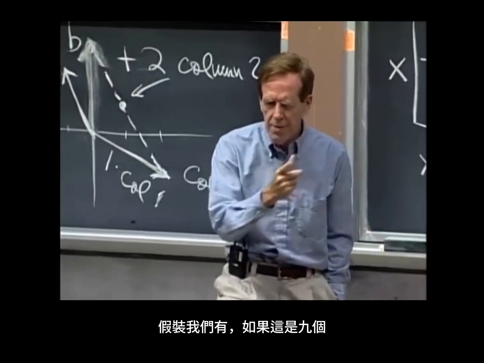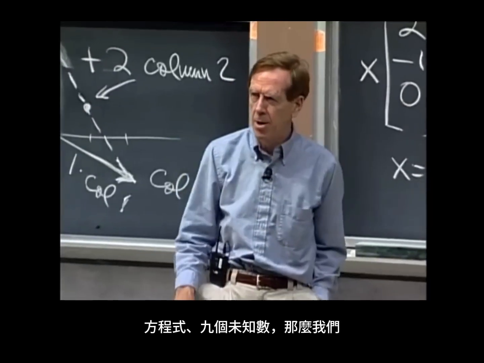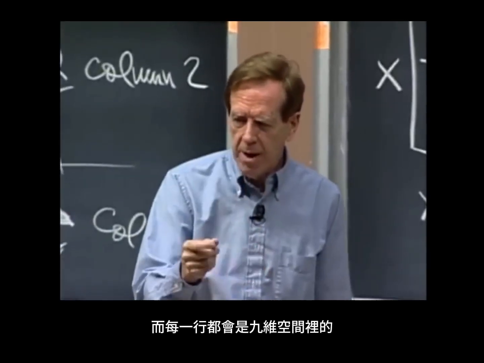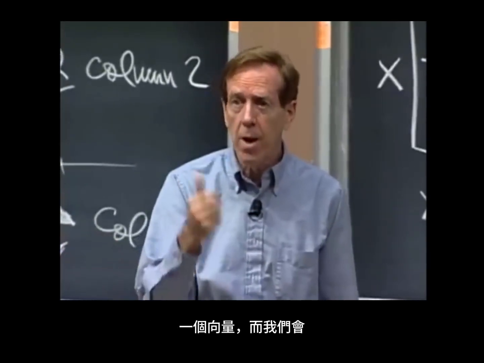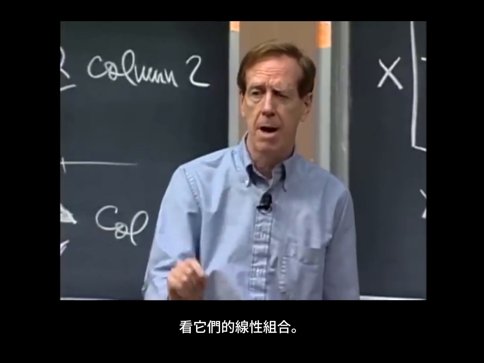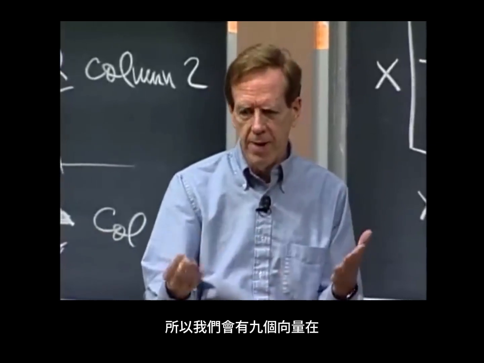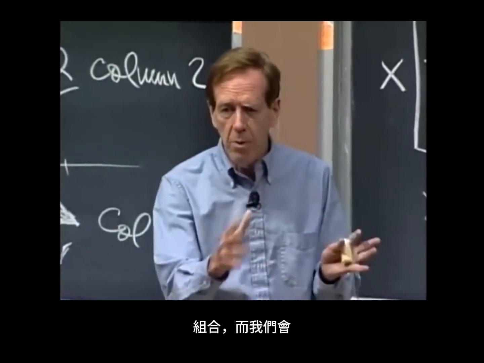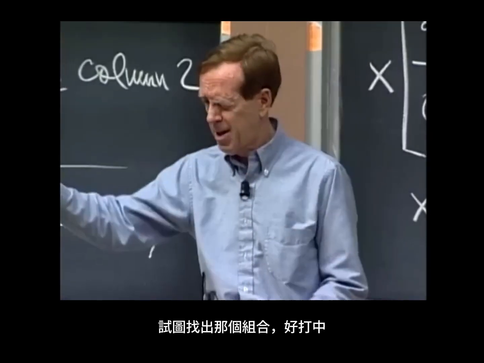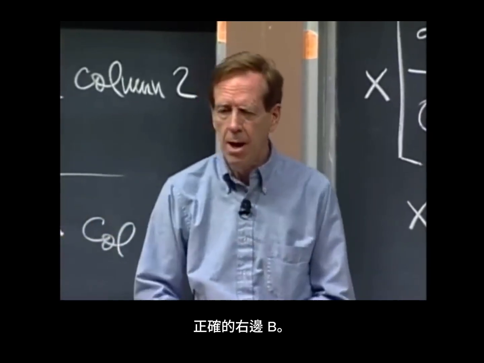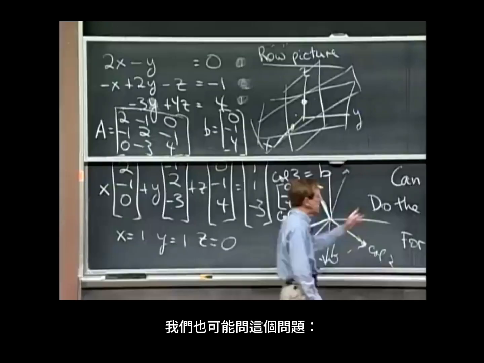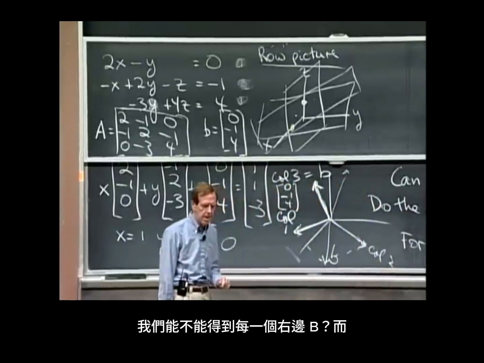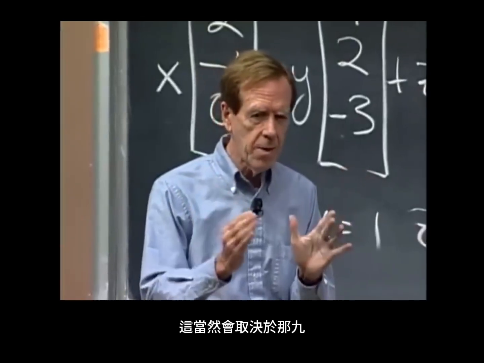Pretend we have 9 equations in 9 unknowns, then we would have 9 columns, and each one would be a vector in 9-dimensional space, and we would be looking at their linear combinations. We would be trying to find the combination that hit the correct right-hand side B. And we might also ask the question, can we always do it? Can we get every right-hand side B? And certainly it will depend on those 9 columns.